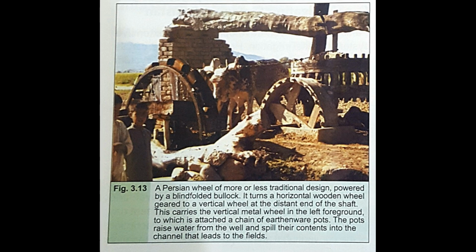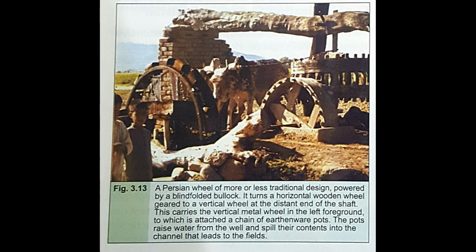It turns a horizontal wooden wheel geared to a vertical wheel at the distant end of the shaft. This carries the vertical metal wheel in the left foreground, to which is attached a chain of earthenware pots. The pots raise water from the well and spill their contents into the channel that leads to the fields.